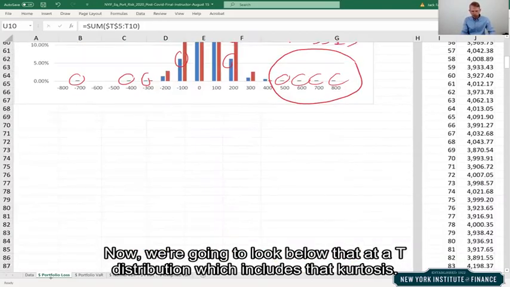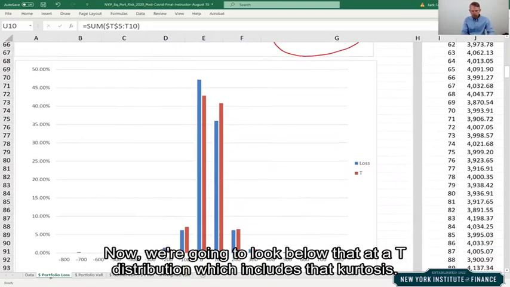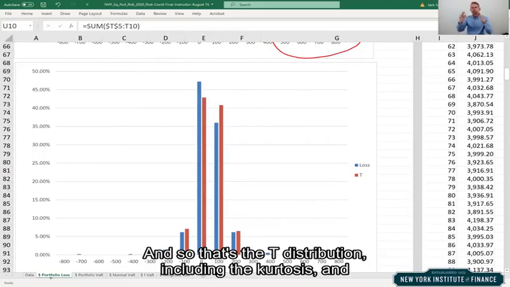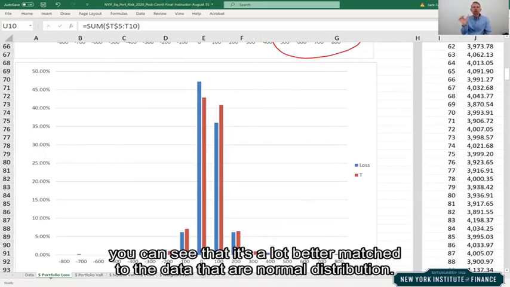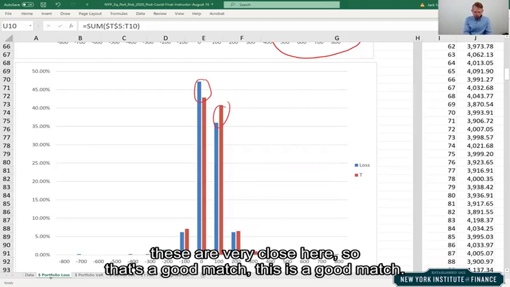Now we're going to look below that at a t distribution, which includes that kurtosis. And so that's the t distribution, including the kurtosis. And you can see that it's a lot better matched to the data than our normal distribution. So you can see that these two are pretty close. And these are very close here. So that's a good match.